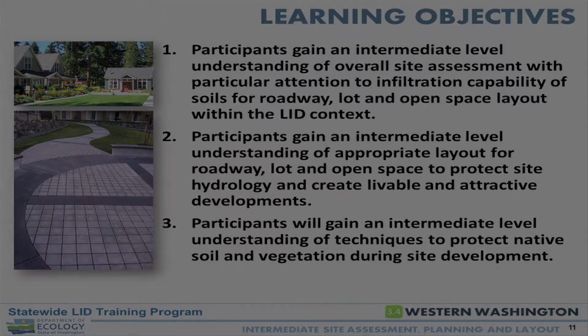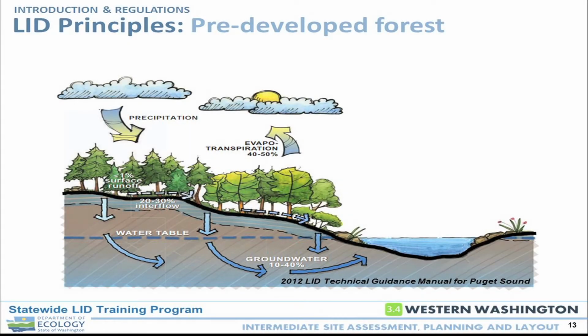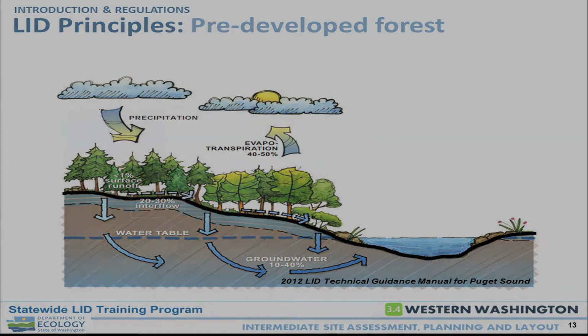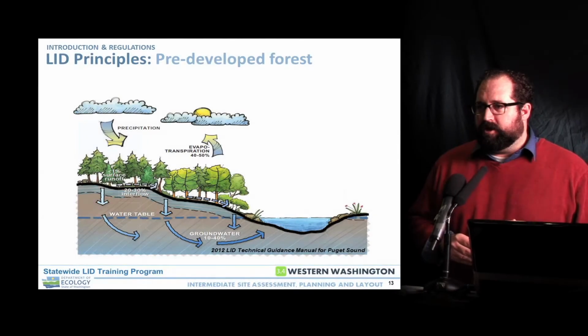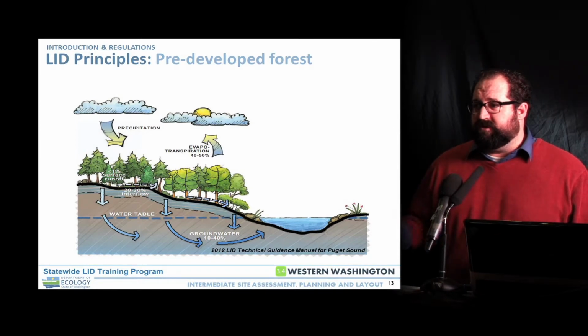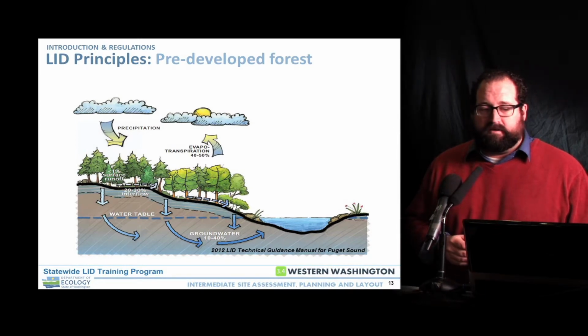One of the best starting points, I think, when thinking about any sort of low impact development, particularly on site design, is to look at the hydrologic cycle. This becomes really a fundamental way of using nature's way of dealing with stormwater to provide a really good starting point for the decisions that we're going to make as we assess and do site design.